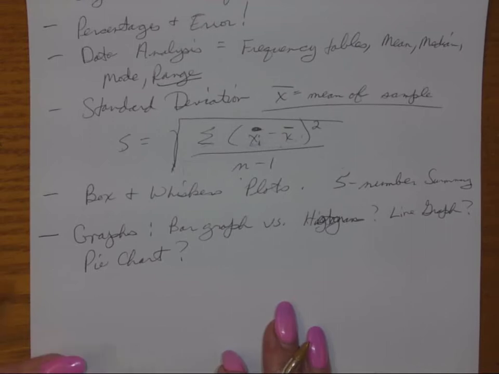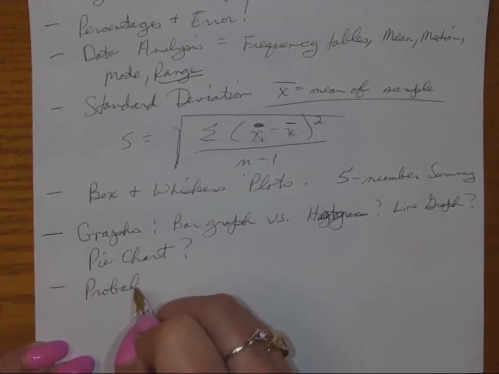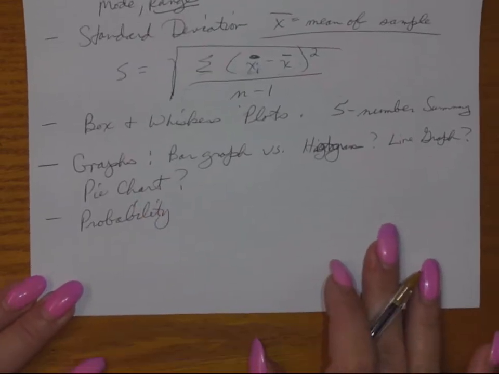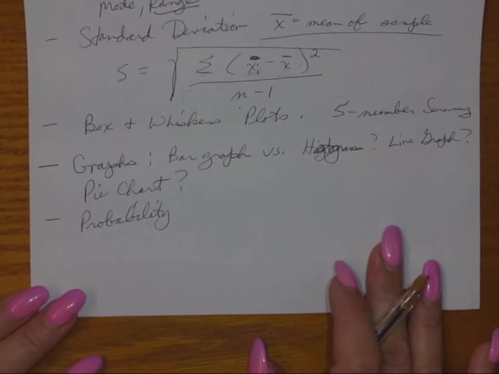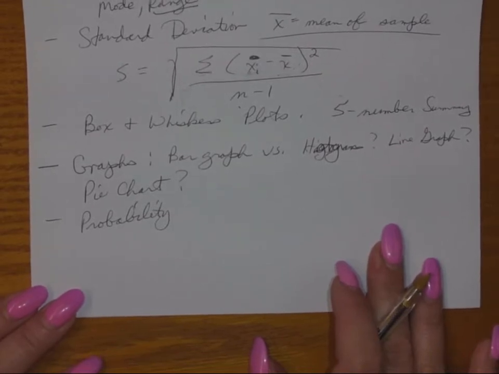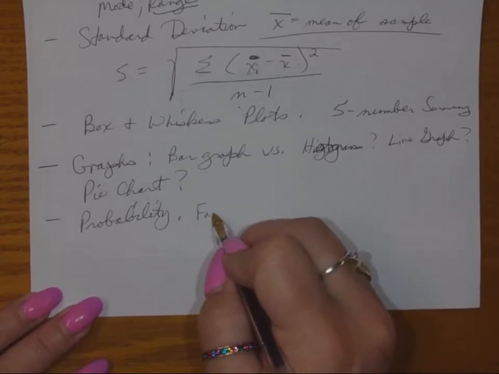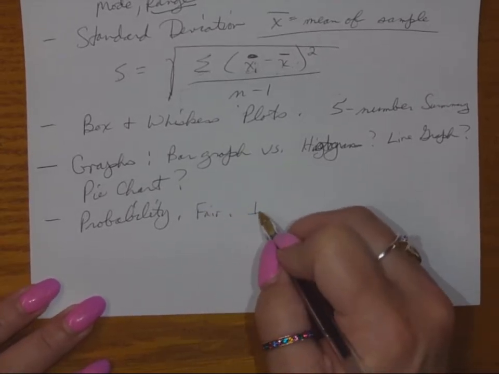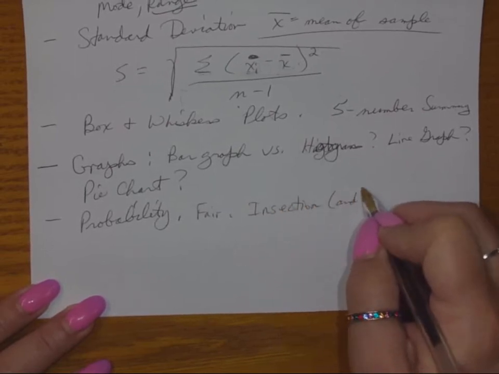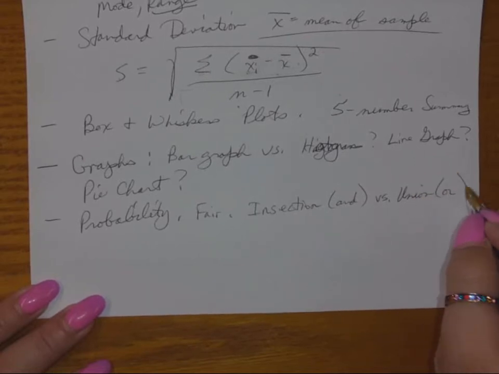And then the third exam was a lot of probability. It's the most recent stuff, so probably you remember it the most, but knowing if something is a fair situation. Knowing the difference between an intersection, which is an and statement, versus a union, which is an or statement.